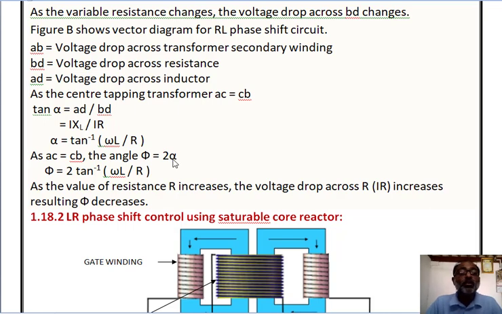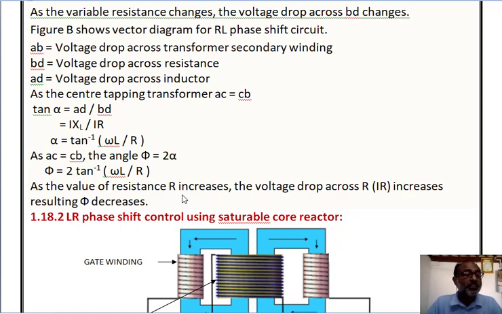Just put the value of alpha in this equation, so your equation becomes phi is equal to 2 tan inverse of, in the bracket, omega L by R. Now as the value of the series resistance R increases, the voltage drop across this resistance, VR equal to I into R, also increases, which decreases the value of phi, and it increases the current IDC.